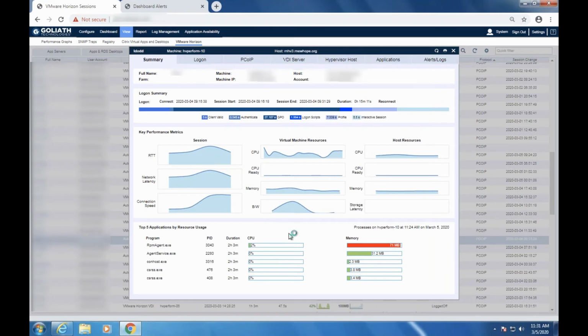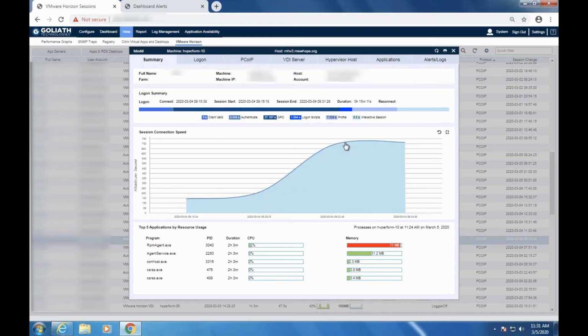So that network latency metric does a really good job of narrowing things down, but it still doesn't give you the definitive answers. It was then that they looked at connection speed. This is the amount of bandwidth available for the Horizon client at the endpoint. What this tells you is how much bandwidth this user has, or how much connection speed they have to actually access their VDI, whether they're connecting in from their home office, whether it's a Starbucks.